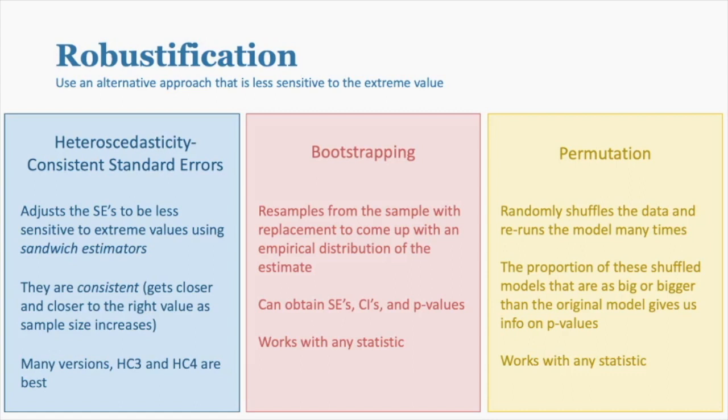And when you do this many times, you can get SEs, confidence intervals, and p-values without relying on statistical theory, which means you don't have to rely on the standard errors you would normally get. So bootstrapping empirically estimates your standard error, your confidence interval, and your p-values.